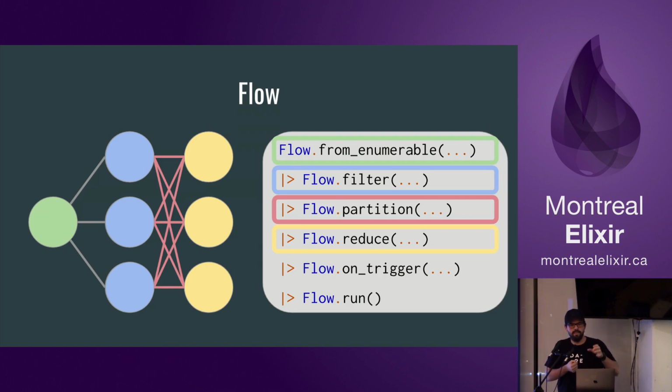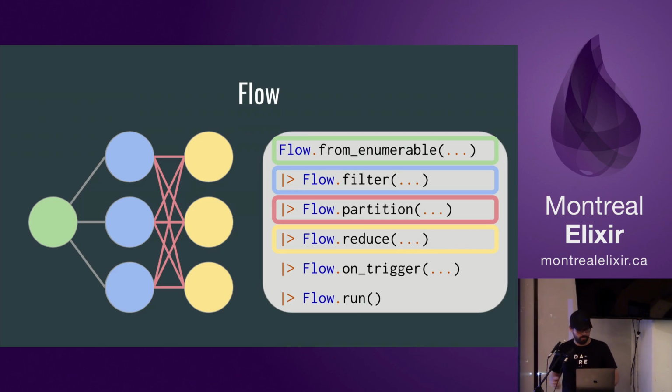Because if I don't use the partition, it's gonna give it to any reducer. It doesn't know. Basically what partition does for Flow is map all the GenStages that are processing something to the GenStages that are reducing something. It's gonna create a map to say, okay, who is reducing the cars? This GenStage. So it doesn't matter which blue circle is gonna process the message, it's gonna send it to the right yellow circle to reduce it.